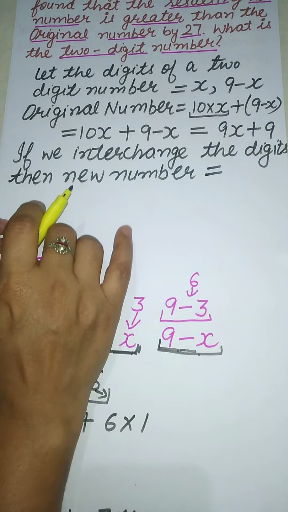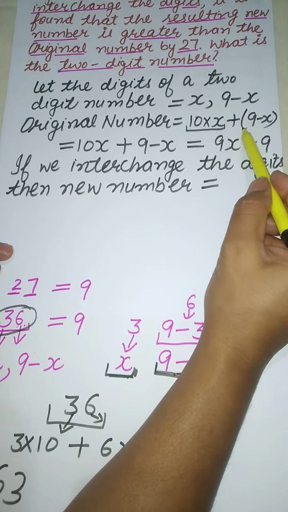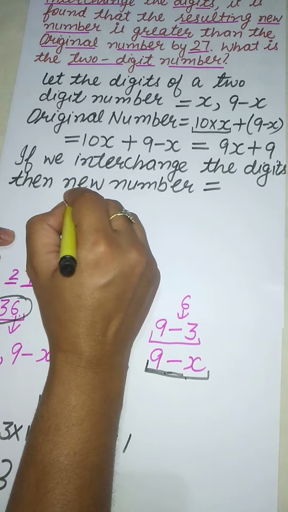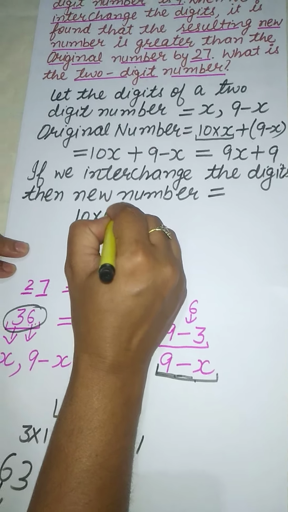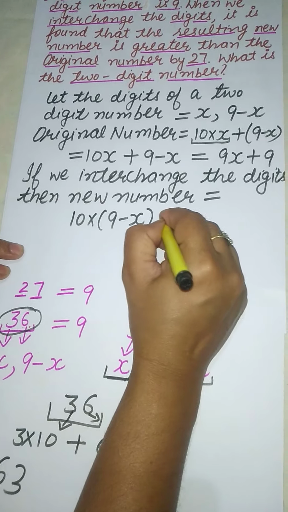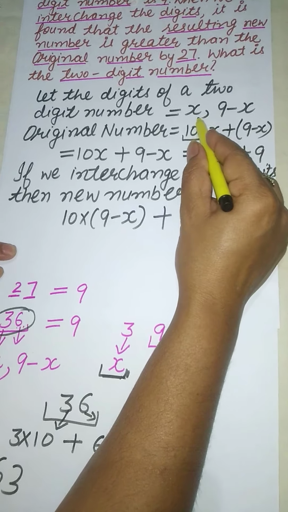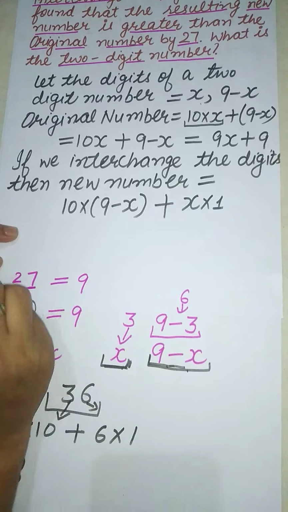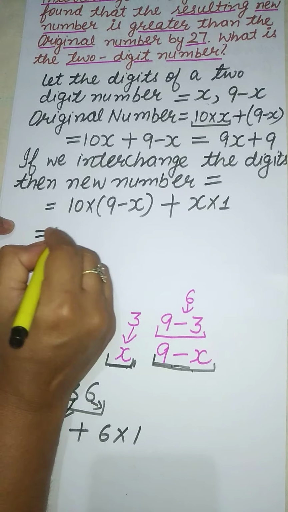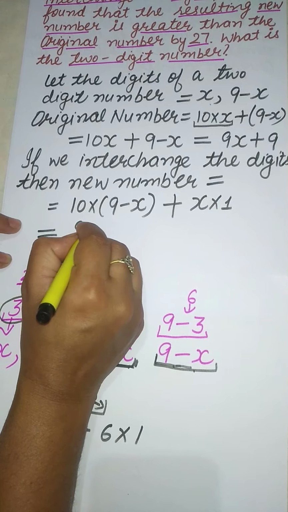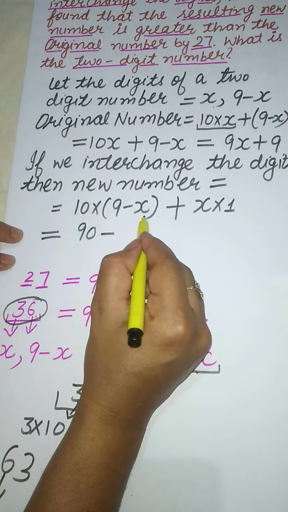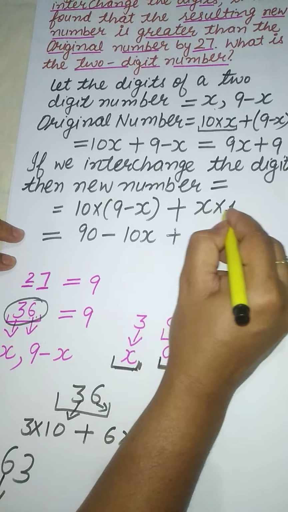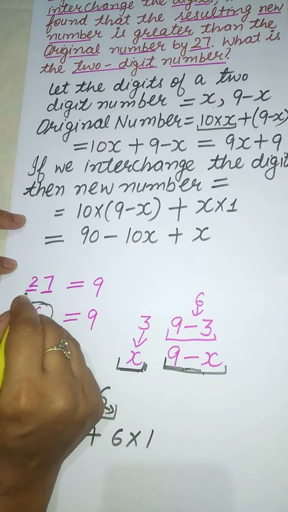will be equal to, now I will write 9 minus x on the 10's place, that is 10 into 9 minus x, plus x on the 1's place, x multiplied by 1. Now the number will be 10 nines are 90, 10 multiplied by x is 10x, x multiplied by 1 is x.